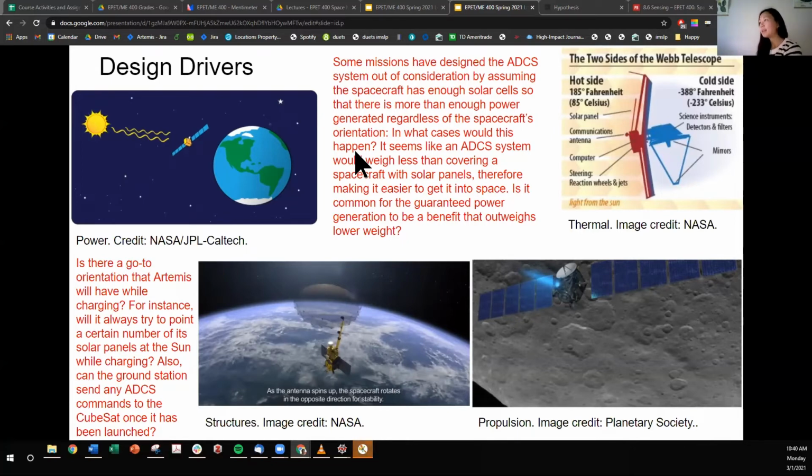If your ADCS system is not very reliable, if it's not very agile, or it has high risk of failing, then maybe you want to build in some redundancy and just cover your entire spacecraft with solar cells so it doesn't really matter how your ADCS system works.